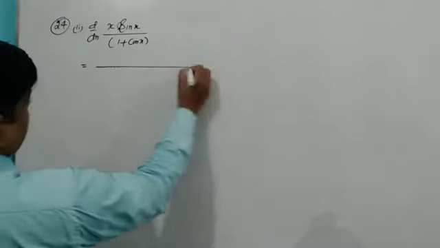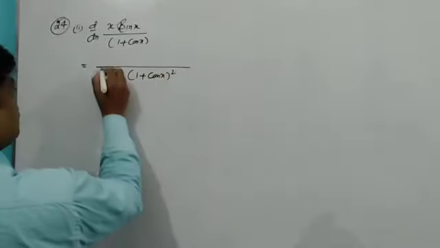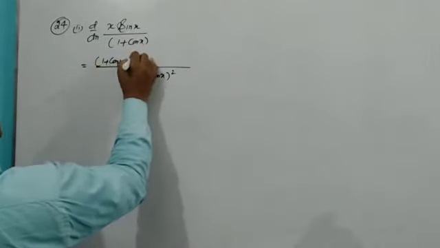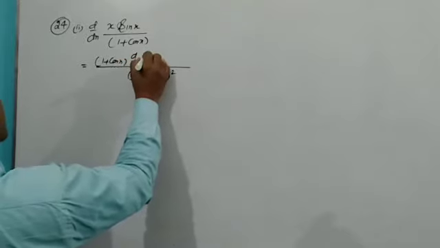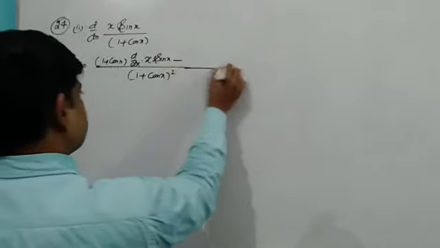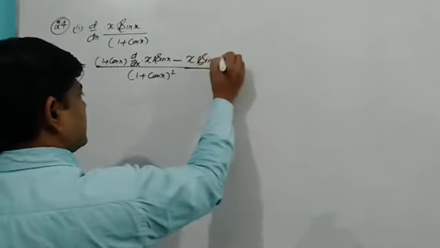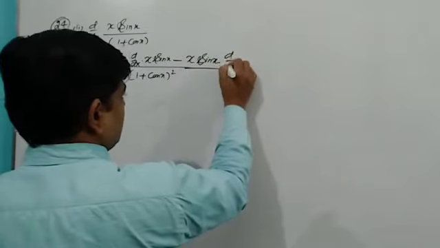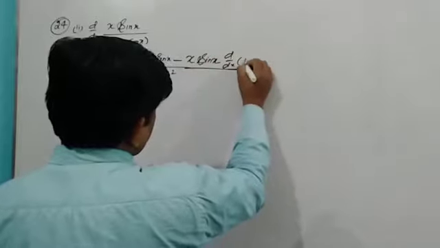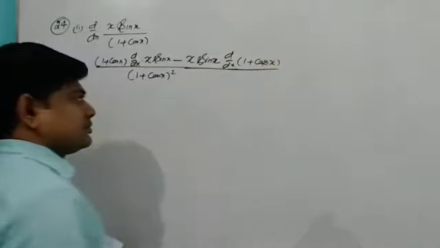When I write here 1 plus cos x the whole square, here I'll write 1 plus cos x, and d dx of x sin x, minus x sin x, d dx of 1 plus cos x.